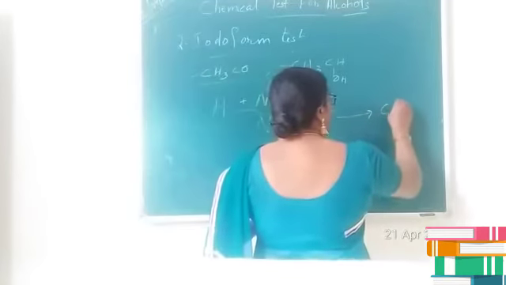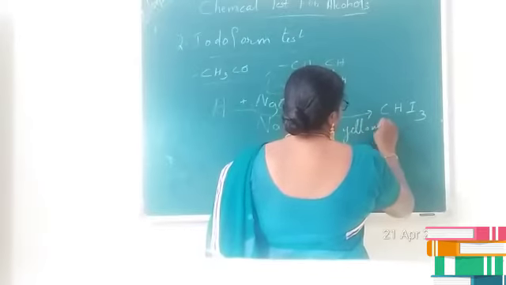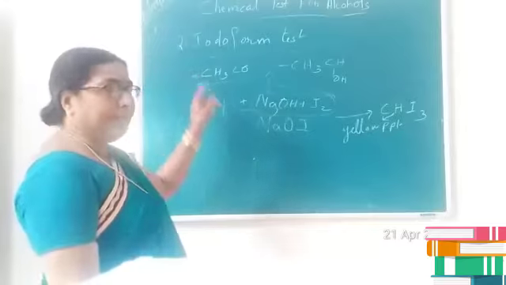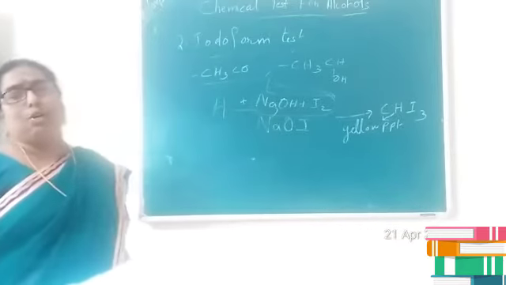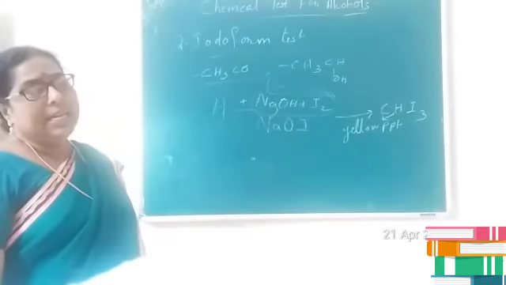If you get a yellow precipitate of iodoform, it indicates the presence of a methyl ketonic group or a secondary alcoholic group, the CH3CHOH group via the CH3CO group.